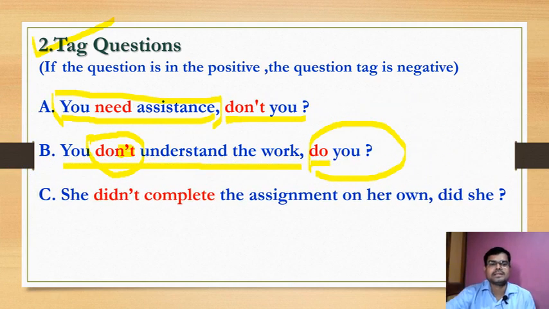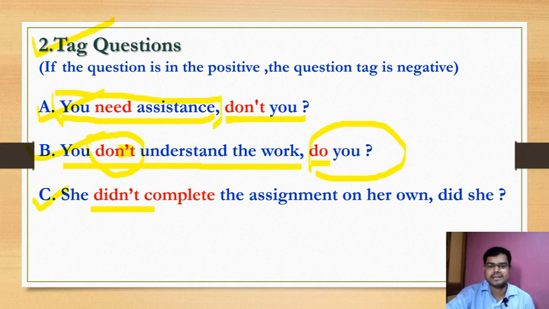So here you can see one more sentence: "She didn't complete the assignment on her own." As you know, the first two examples are examples of present tense. Now this third one is past tense, where we use "did".